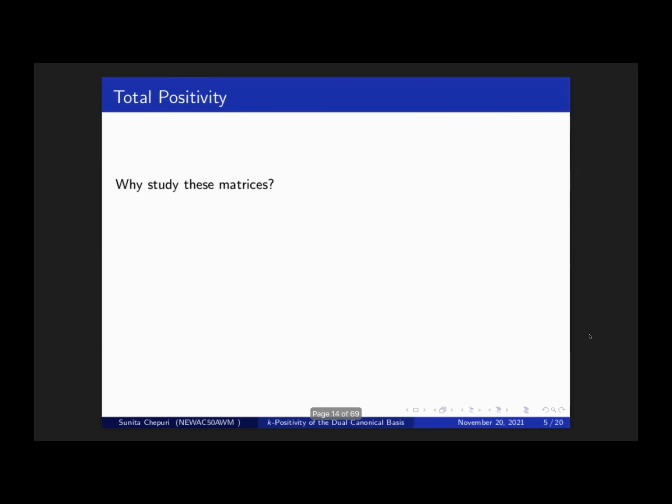Okay, so why would we be interested in such an object? These matrices first came up in work of Schoenberg in 1930. He was looking for matrices that have this variation diminishing property, which essentially means that when you multiply them by a vector, it doesn't increase the number of sign changes in the vector. And there are reasons in physics for looking at this.